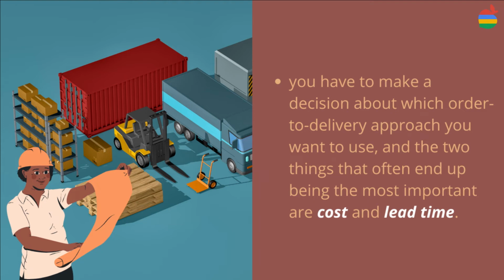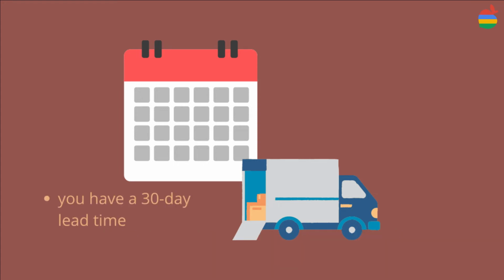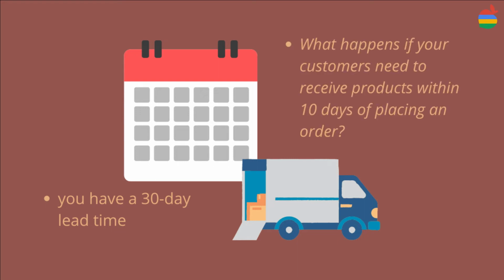And the two things that often end up being the most important are cost and lead time. Let's say that it takes 30 days for you to order all of the parts and assemble your products. That means you have a 30 day lead time. What happens if your customer needs to receive products within 10 days of placing an order?